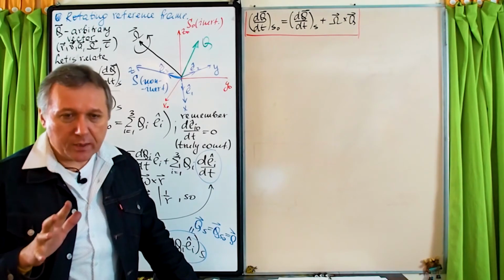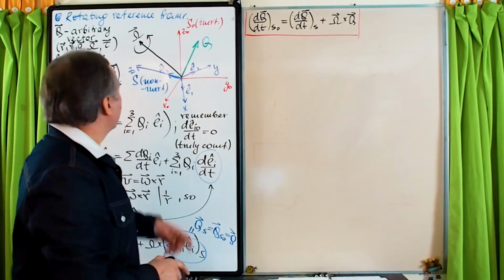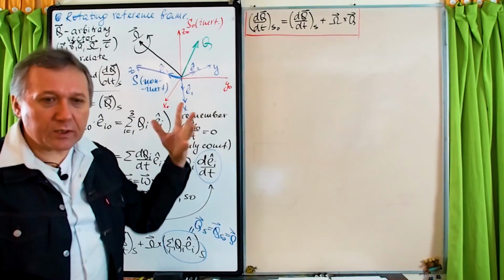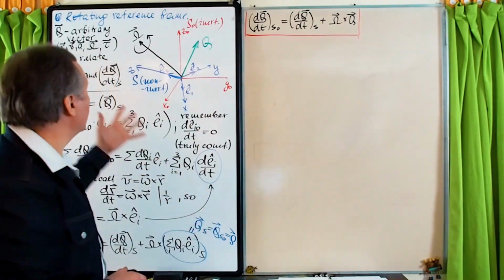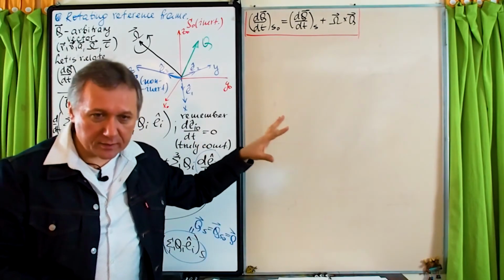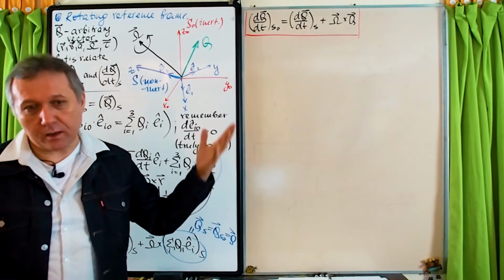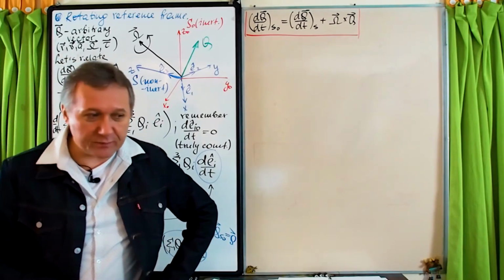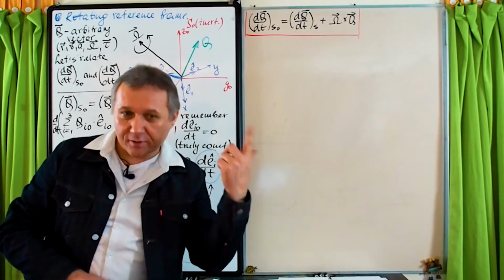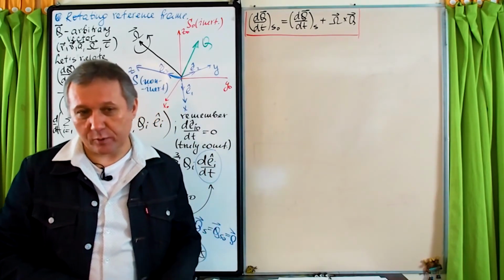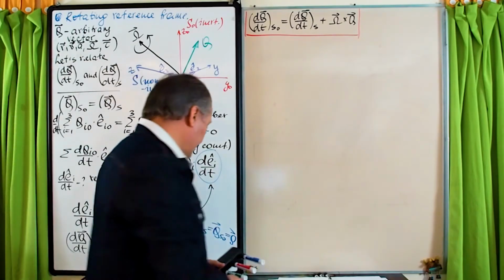It's not a big deal. So we're going to assume that angular velocity is constant. You will see just one additional term disappear. If you assume that angular velocity is not constant, then you will see when and where an additional term will appear. But since we're going to use our results for the Earth spinning, and angular velocity is constant, that's the reason why we're going to make that assumption, right?